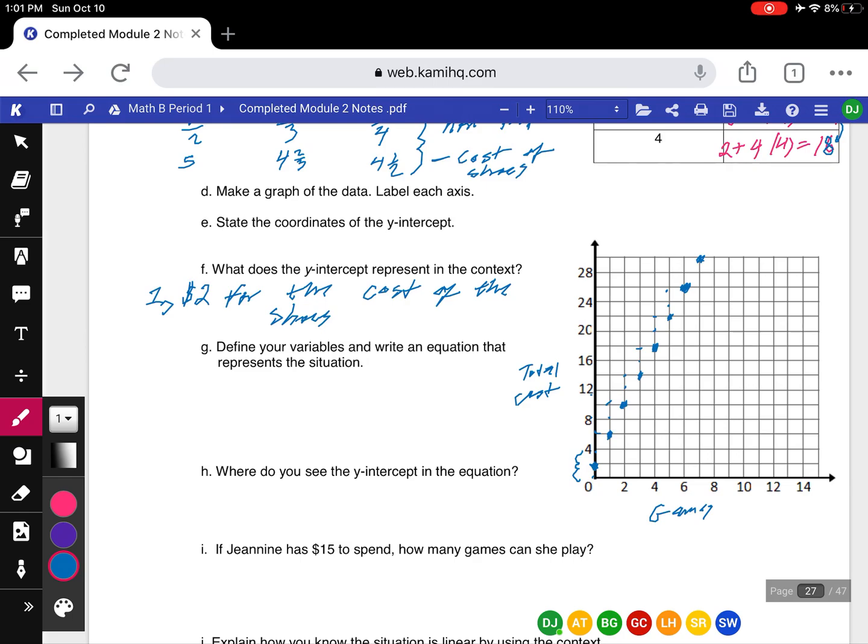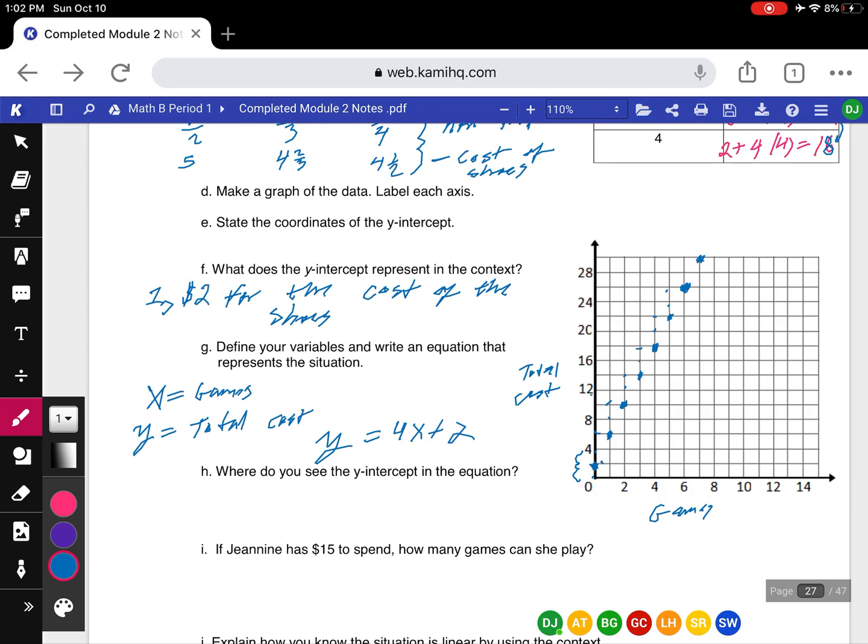And now it wants us to define our variables and write an equation that represents the situation. So I'm going to have x represent the number of games, and y represents the total cost. So the total cost is equal to $4 per game plus the $2 for shoes. Where do you see the y-intercept in the equation?